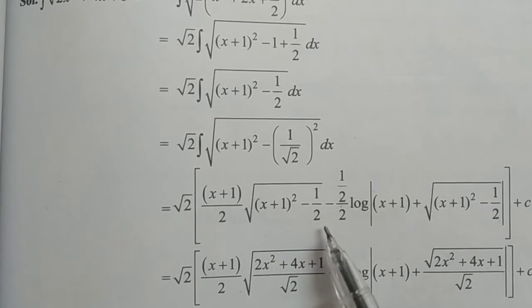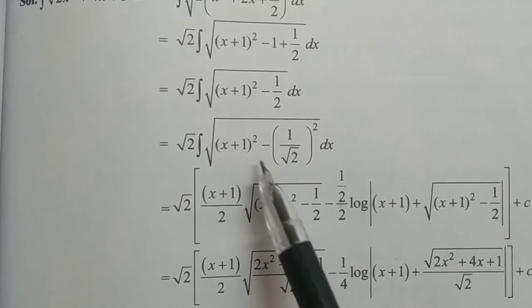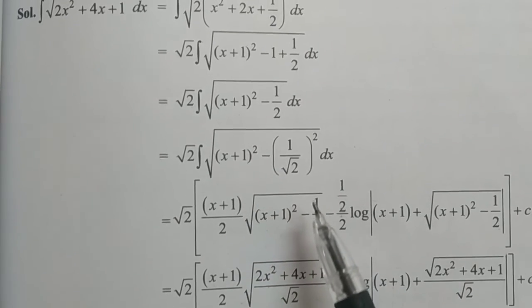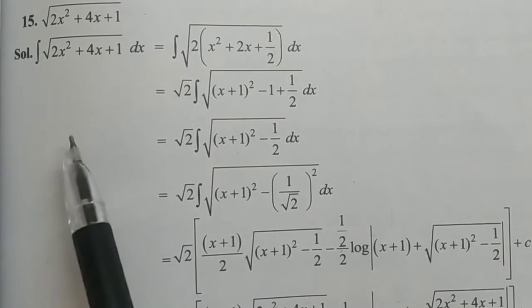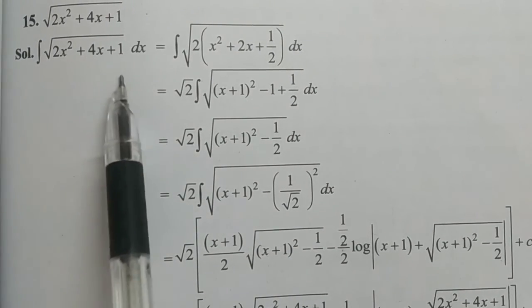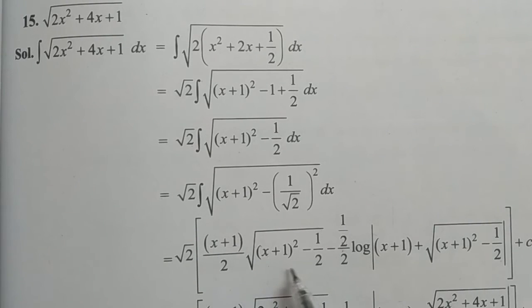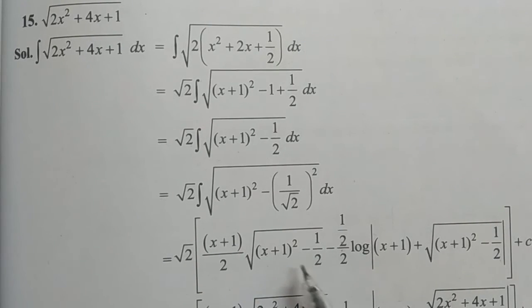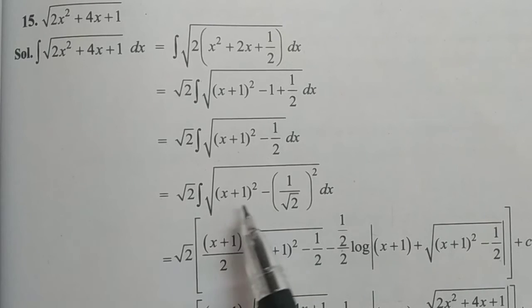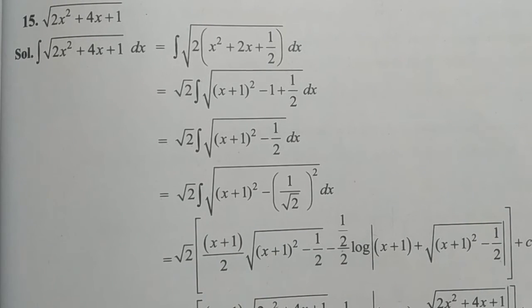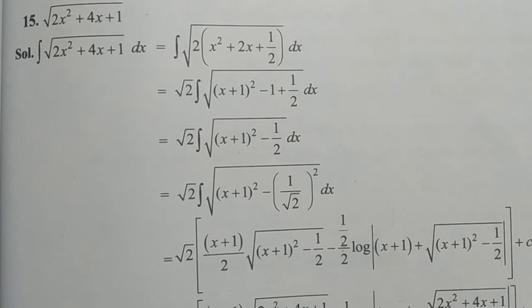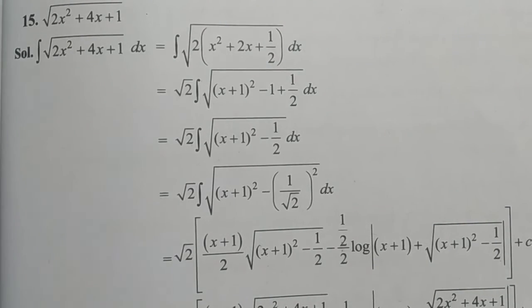So it is in the form 2x square only. Here 2x square plus 4x plus 1. So square root of this, simplifying this one, we get the value for what? X square, 2x square plus 4x plus 1 divided by root 2 minus 1 by 4 log modulus of x plus 1.